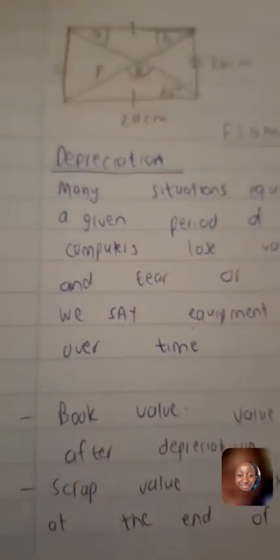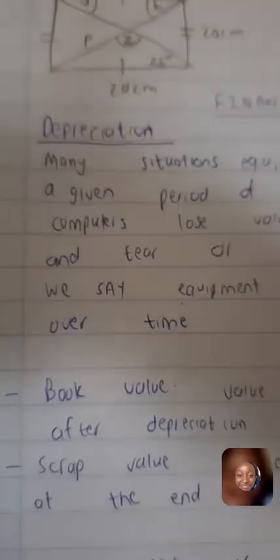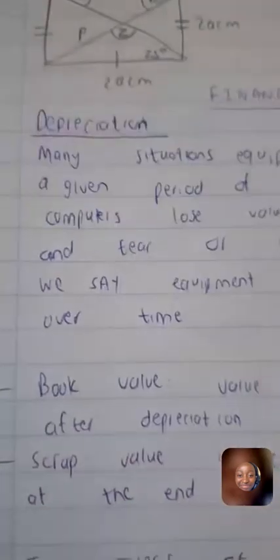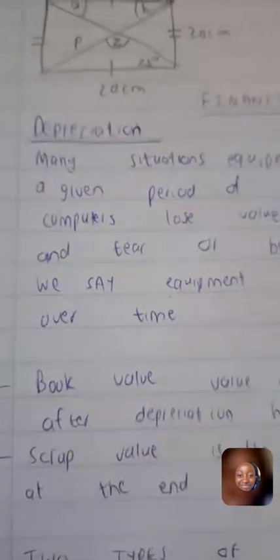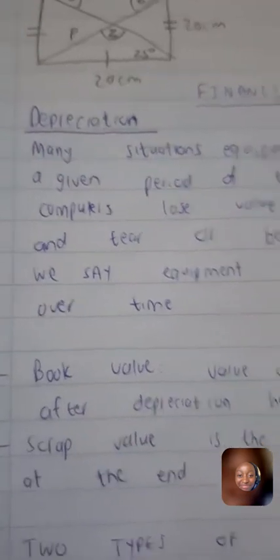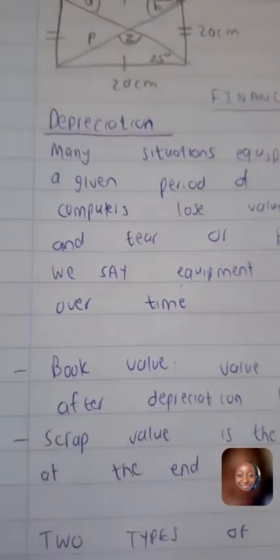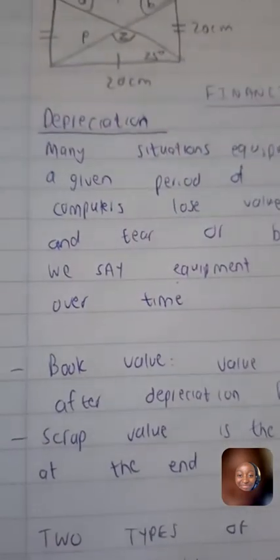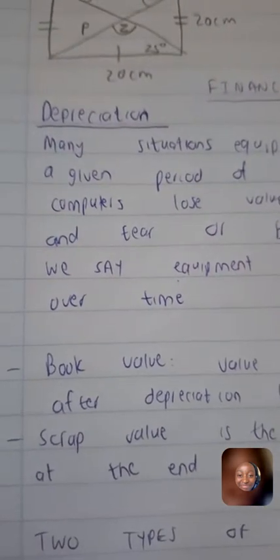I'm sure you've seen how, for instance, when you buy a car, maybe your mother or someone you know has bought a car, that car over a period of time, like in 2 years' time, loses value. Let's say I bought a particular car today for 200,000. In 2 years' time, that car will not have that same value.